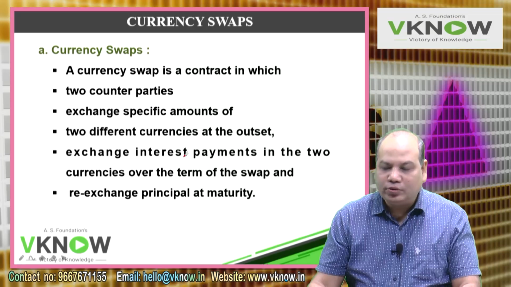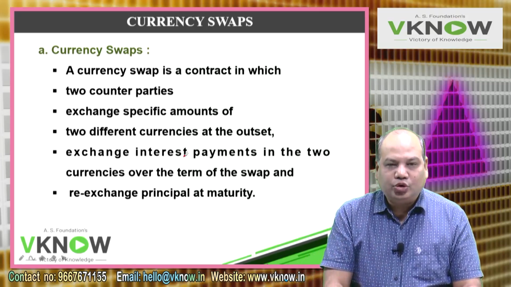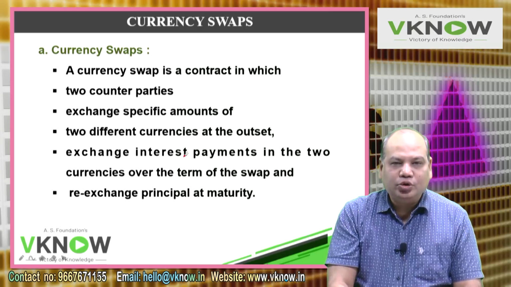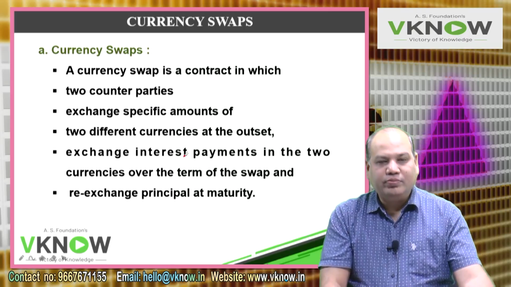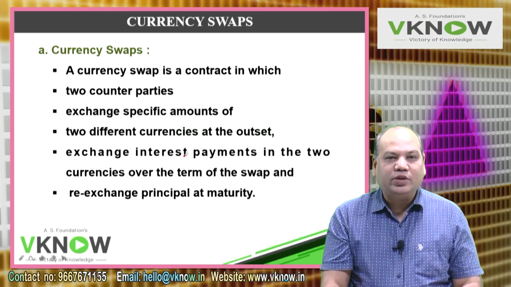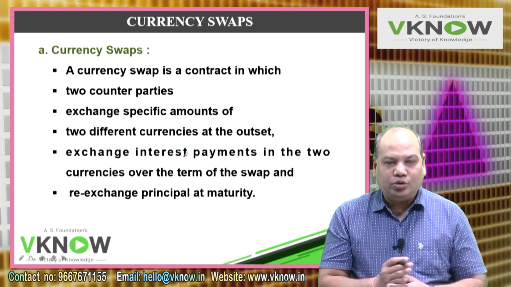Remember the example of a US company and a Japanese company. The US company will give dollars to the Japanese company, and the Japanese company will give yen to the US company. So on day one they will exchange the principal. Today they will exchange the principal amount, and suppose it's a 5-year loan.